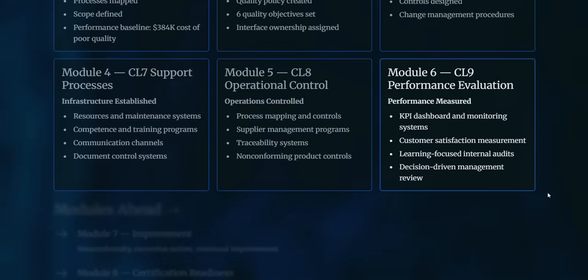Then in Module 6, which is Clause 9 today, performance evaluation, we have measured the performance and we have covered the KPI dashboard and monitoring system, customer satisfaction measurement, learning-focused internal audit, and decision-driven management review.